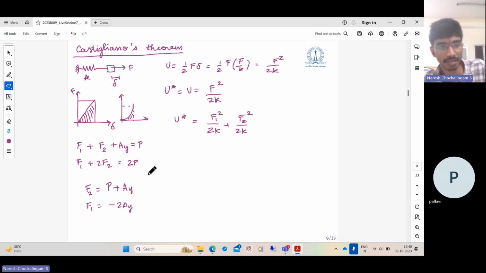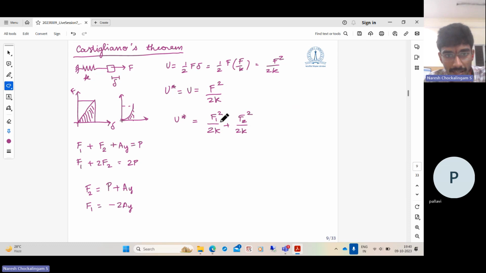F2 is equal to P plus Ay. So F1 gets cancelled, and here you get a minus Ay. 2P minus P is P. So this is what you get.